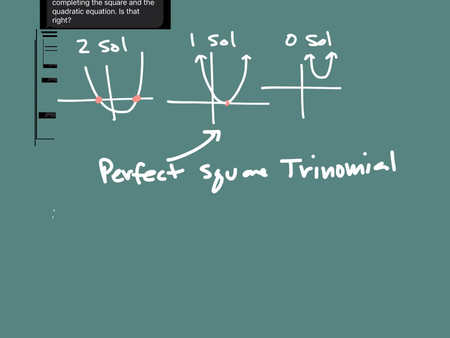So how you get a perfect square trinomial, let's look at the factored version of something. Let's think of an example like, say, x plus 3, that quantity squared. What I want to do is multiply this out.